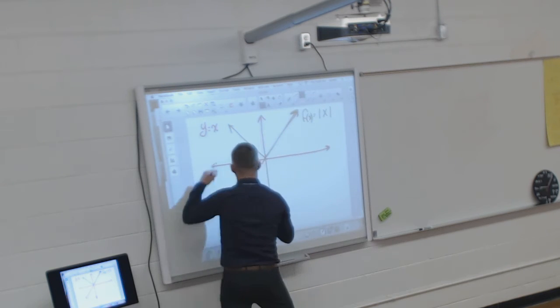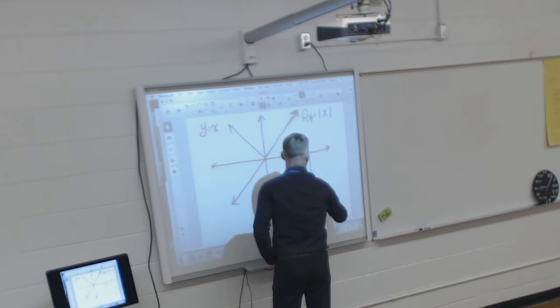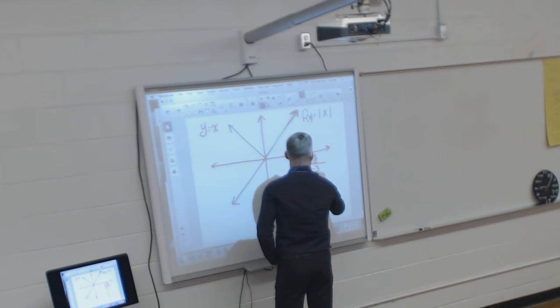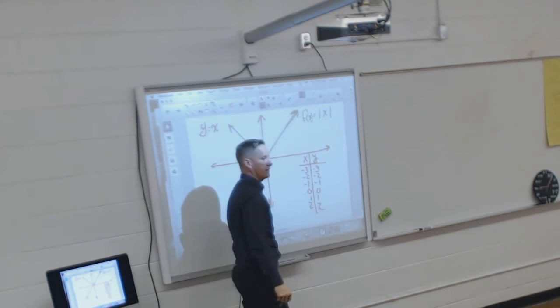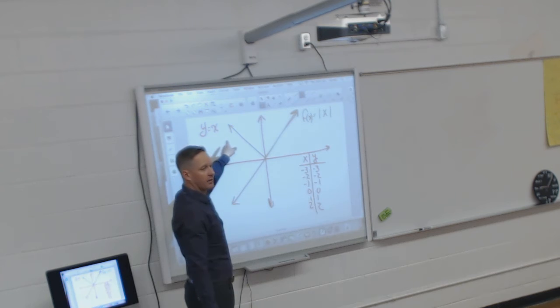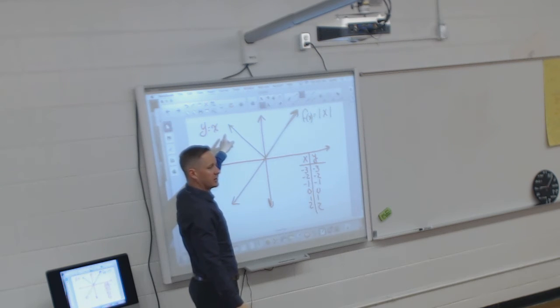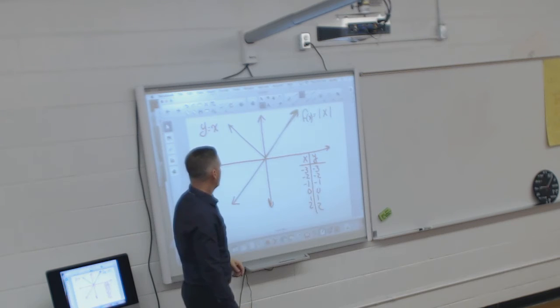So I'm going to do a table of values for that graph first, which is minus 3, minus 3, minus 2, minus 2, minus 1. Right? So that's for this graph here. When x is minus 3, what is y? Minus 3. Minus 2, minus 2, right? Okay?